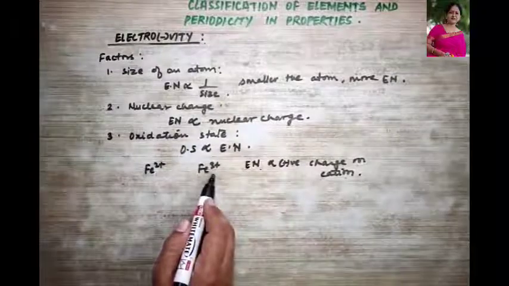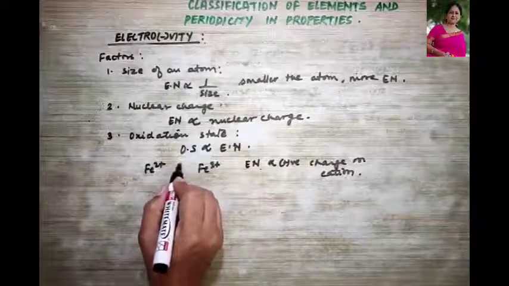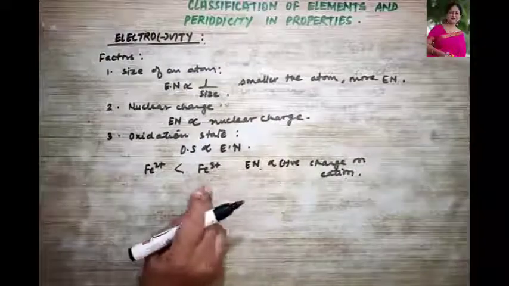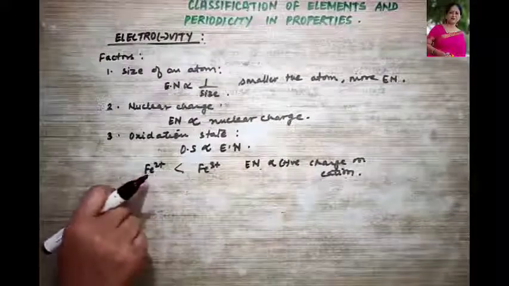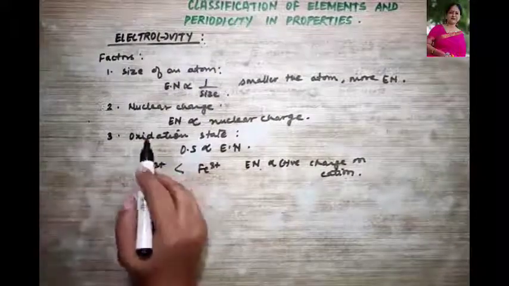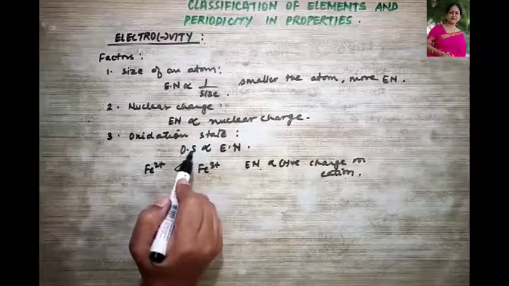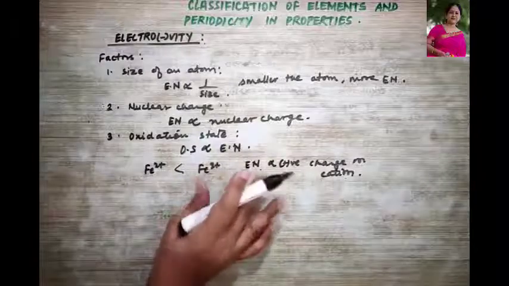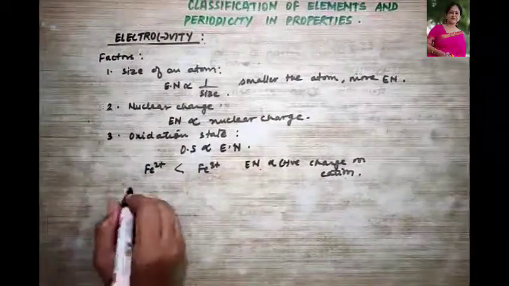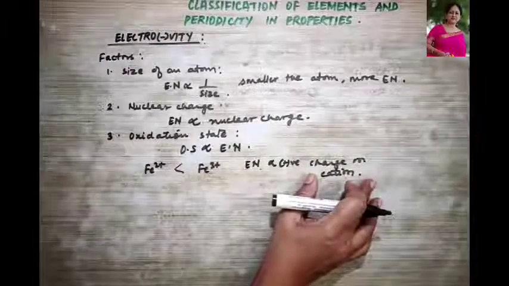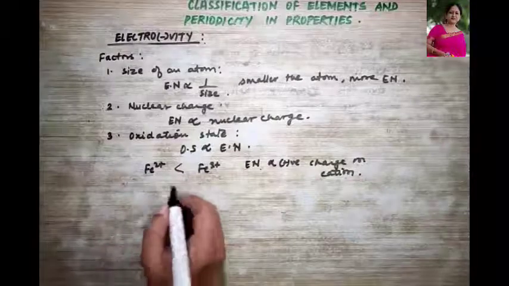So where is the charge more? Charge is here more, so Fe3+ will be more electronegative than Fe2+. And I have also told you that with increase in oxidation state, the electronegativity also increases. Now that was in case of cation. Now let's talk in case of anion.